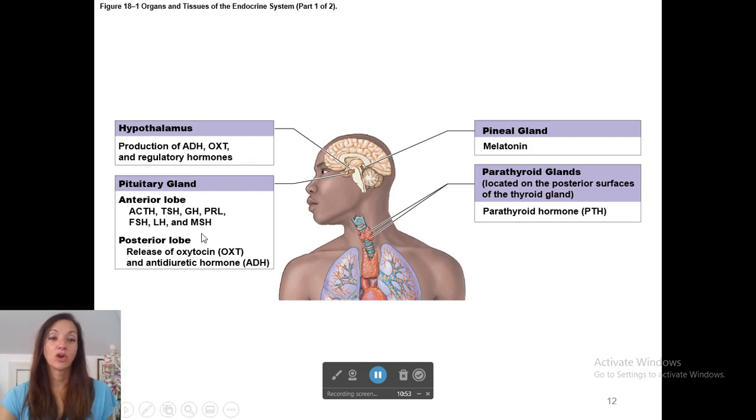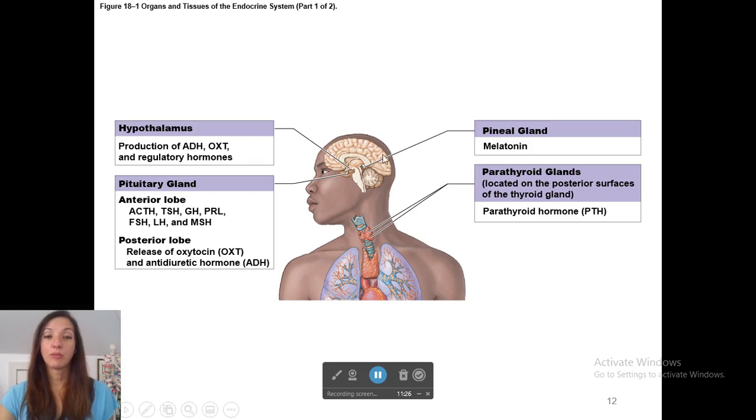You can see these hormones here that are being released. The hormones from the hypothalamus, many of them are going to stimulate the pituitary gland. The pituitary gland has two lobes, the anterior lobe and a posterior lobe. Hopefully you remember that anterior is towards the front and posterior is towards the back of the body.